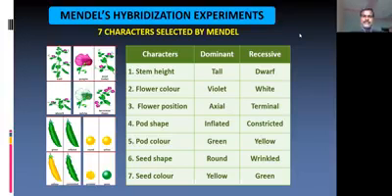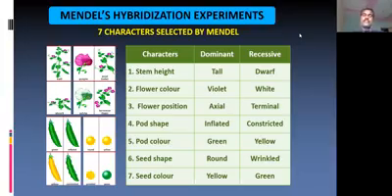Pod shape: dominant was inflated, recessive was constricted. Pod color: dominant was green, recessive was yellow.